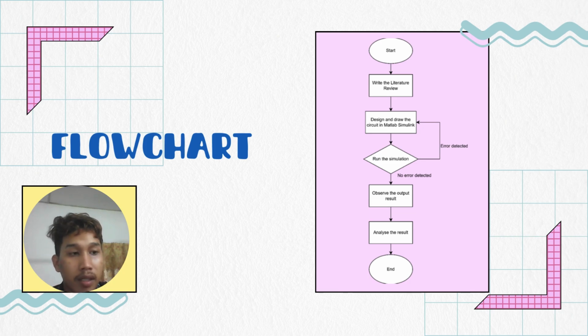When we run the simulations, if an error is detected, it will go back to the previous input, which is the circuit simulation. And if no error is detected, we can observe the output result, and we analyze the result, and it's the end of the project.